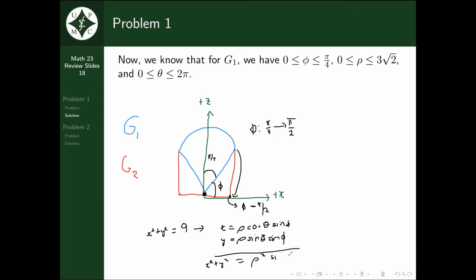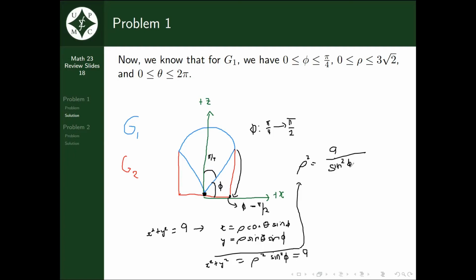Let me just rewrite that. Rho squared sine squared phi. And then we can just write this as equal to 9. So if you want to get our rho value, we just divide both sides by sine squared phi. So we get rho squared is equal to 9 over sine squared phi.